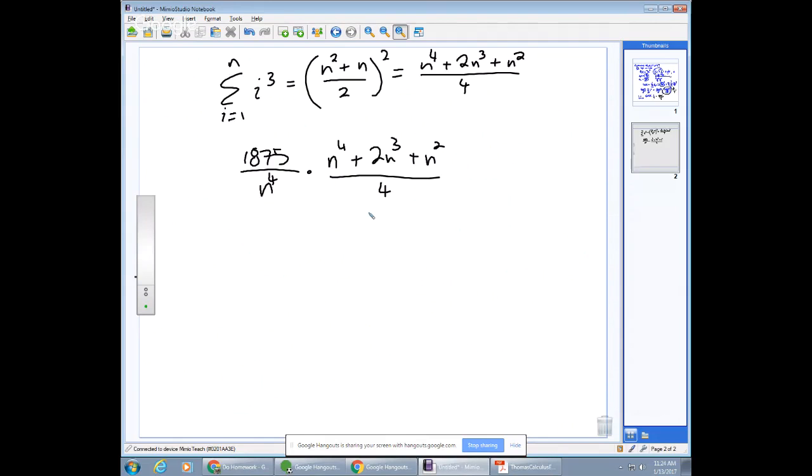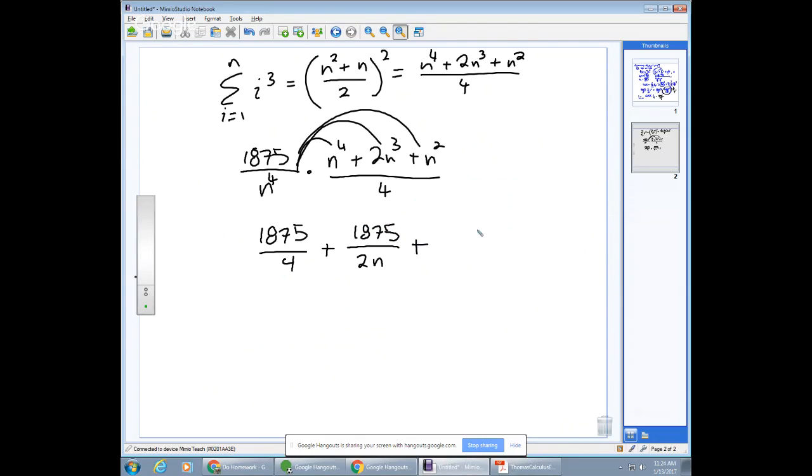And so cleaning that up, let's see, we basically have to distribute this guy to each term here and divide by 4. So n to the 4th divided by n to the 4th means we'll have 1875 over 4 plus n cubed over n to the 4th will leave us with an n in the bottom. 2 goes into 4 twice, so there'll be a 2n in the bottom and then the 1875 in the top.